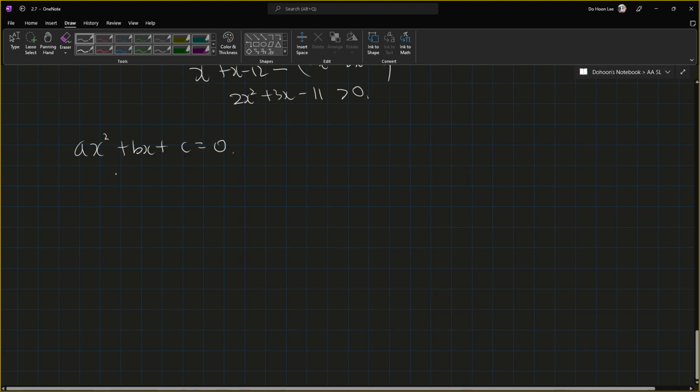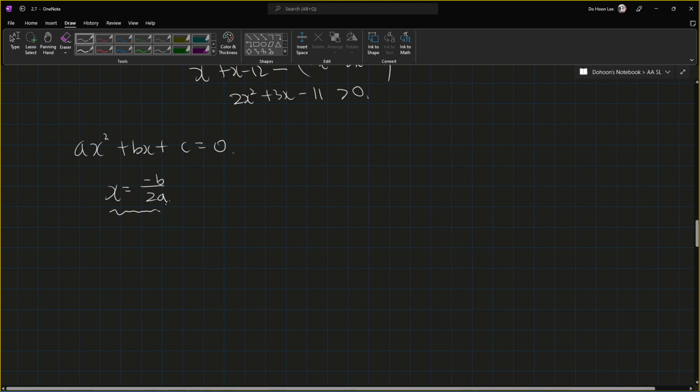Okay? So there are two ways. Let's take the easy route, which is using the formula to find the axis of symmetry. From the formula booklet, I know that the axis of symmetry is x equals negative b over 2a.